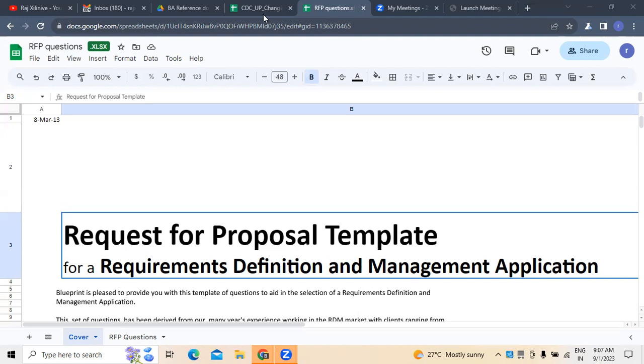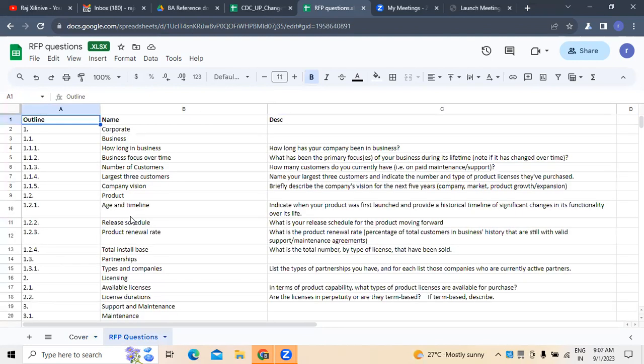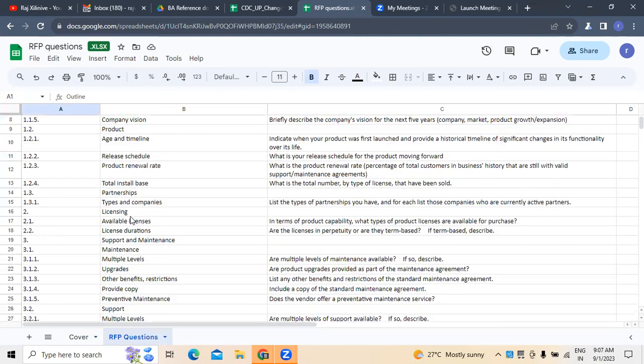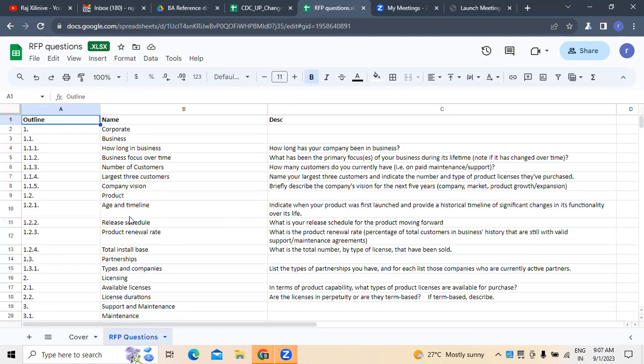So one should know what this template is for and what kind of questions are to be answered. Now, these are the questions which we have to answer majorly whenever we are working on a request for proposal. So this is what, first of all, we have to know.